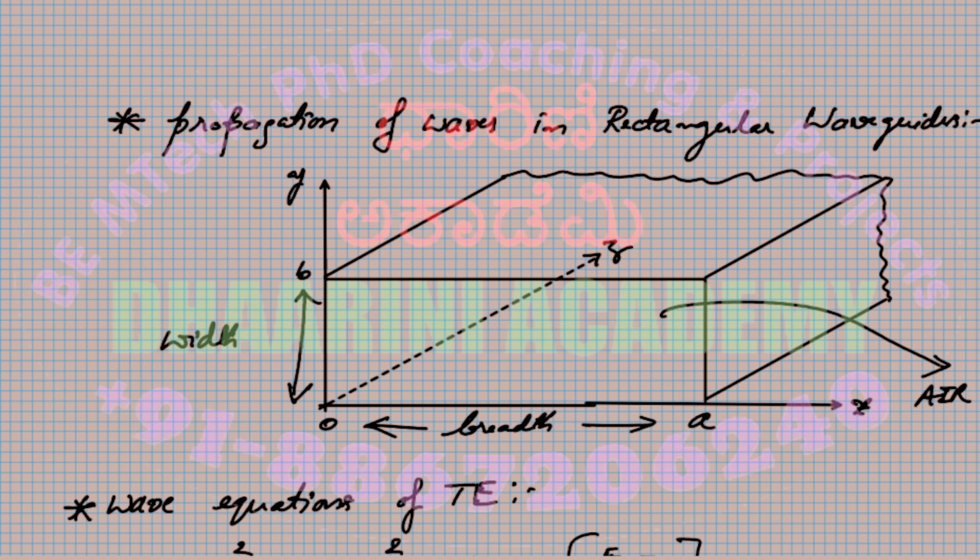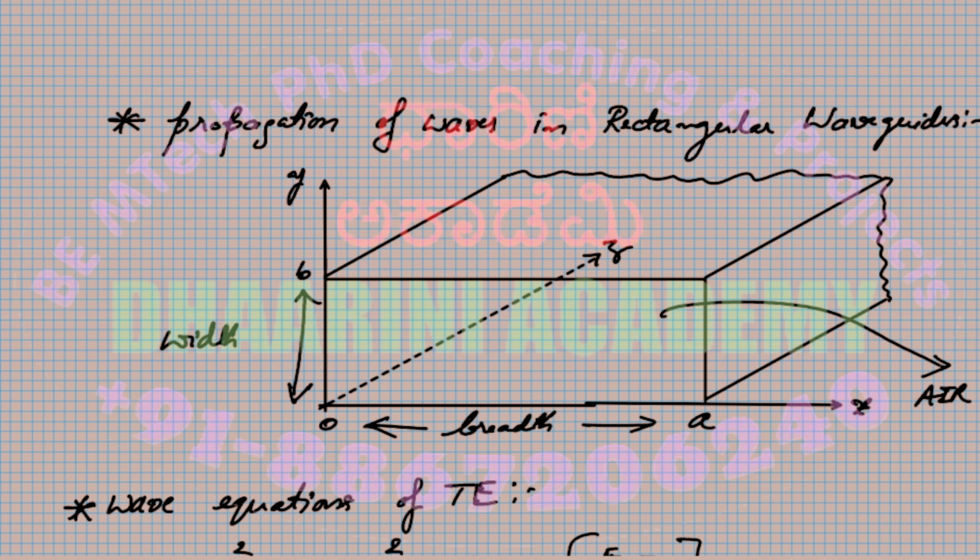The x-axis, the horizontal axis, gives the breadth, and along that direction we have a dimension equal to a. The y-axis is the width, and along it we have a dimension equal to b. The size along the z-axis is not defined as of now, because it can be of any length, since the wave propagates through that.